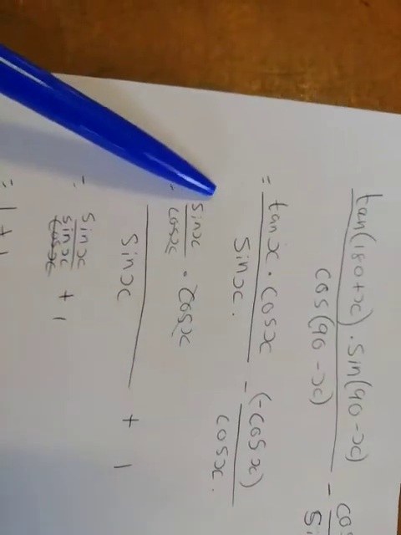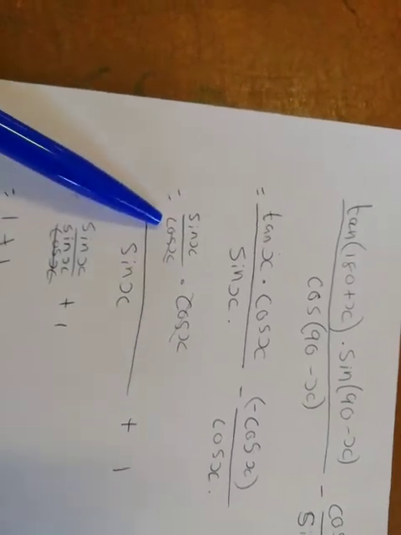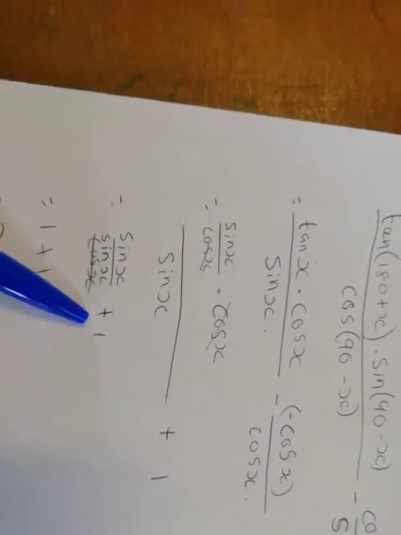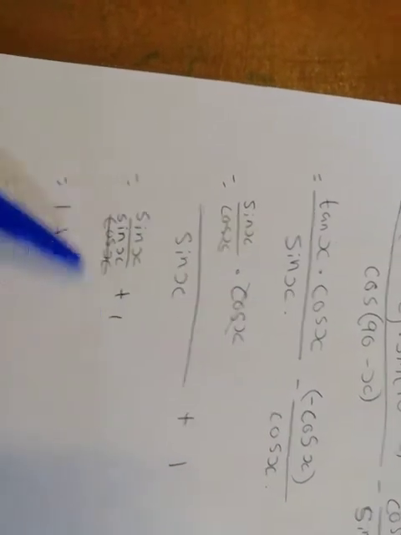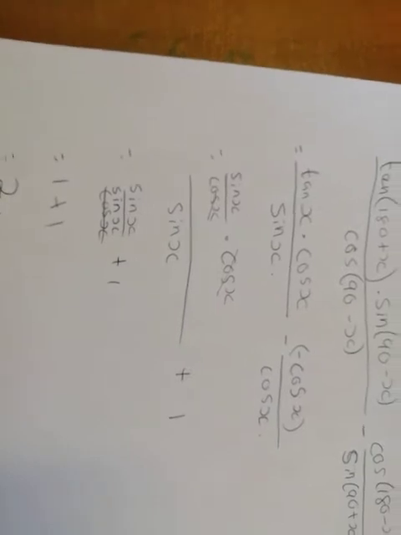Then you can go and check sine over cos times cos x. Cos and cos can cancel out, so you have sine x over sine x plus 1. So it becomes 1 plus 1, and your final answer will be 2 for this entire difficult equation.